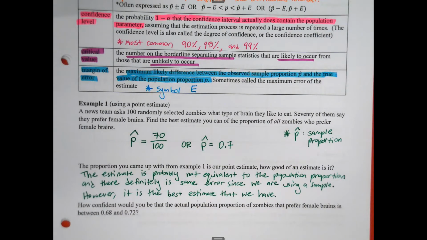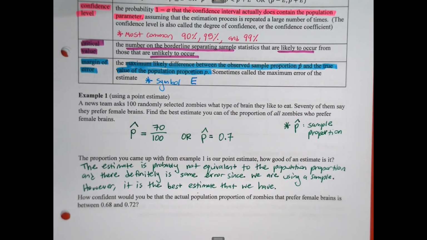How confident would you be that the actual population proportion of zombies that prefer female brains is between 0.68 and 0.72? The smaller your interval is, the less confident we can be that it's going to fall within that range. 0.7 does fall in this range.